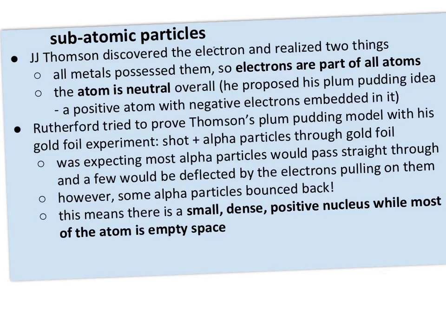But the big surprise was that some alpha particles actually bounced back. What Rutherford deduced from this is that there has to be a small, dense, positive nucleus instead of a big, massive positive area with the electrons embedded in it. Instead, there's a small, dense, positive nucleus, and most of the atom is actually empty space where the negative electrons are free to move about.